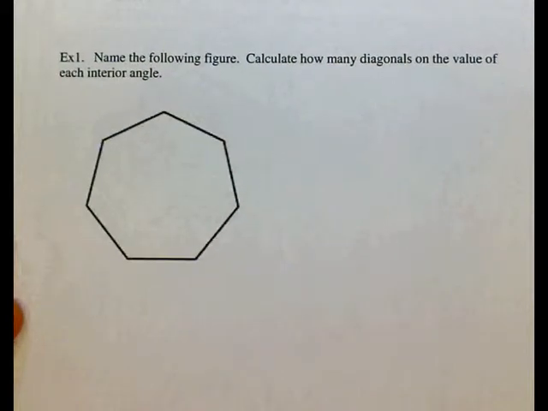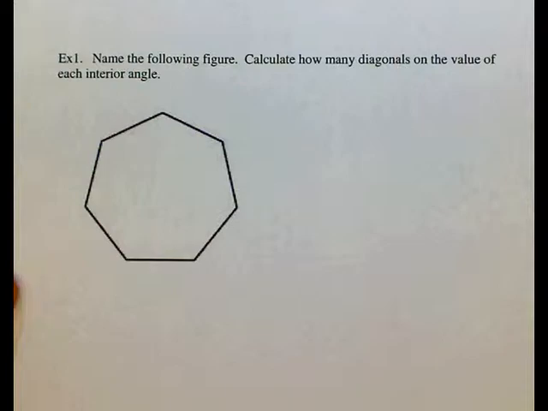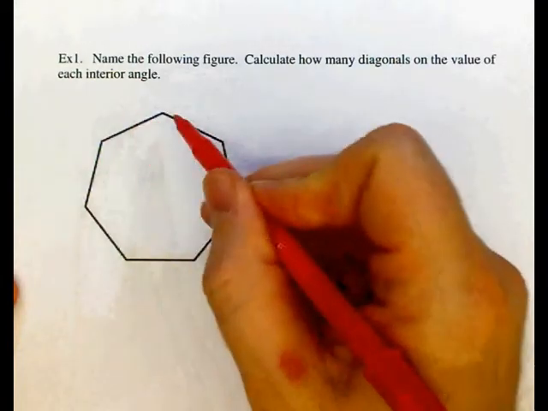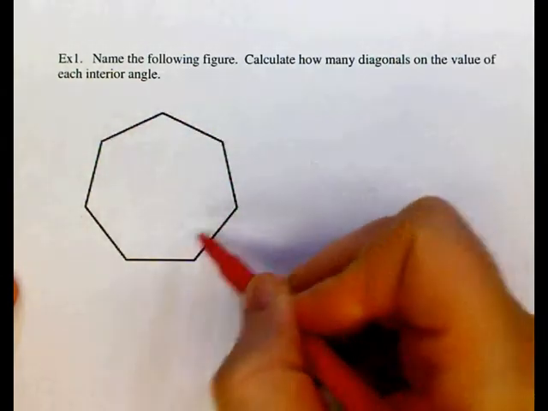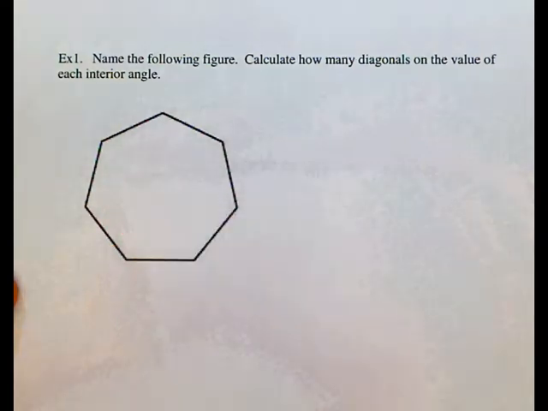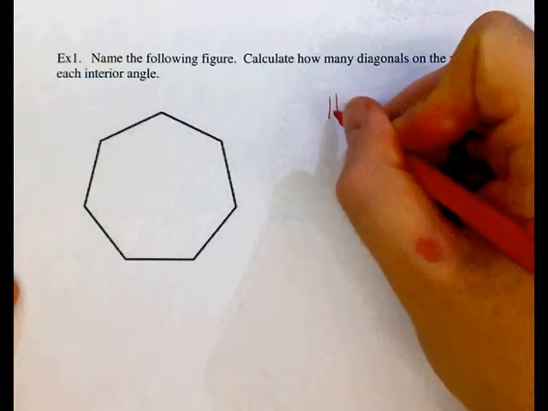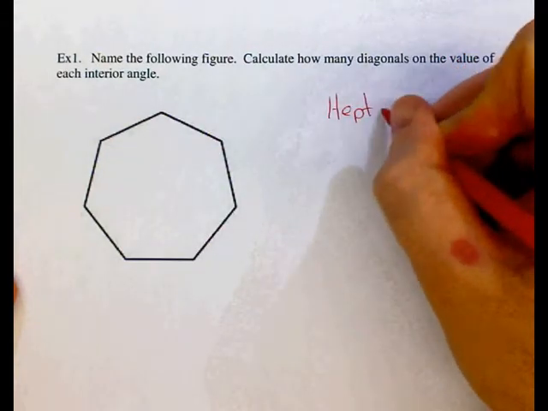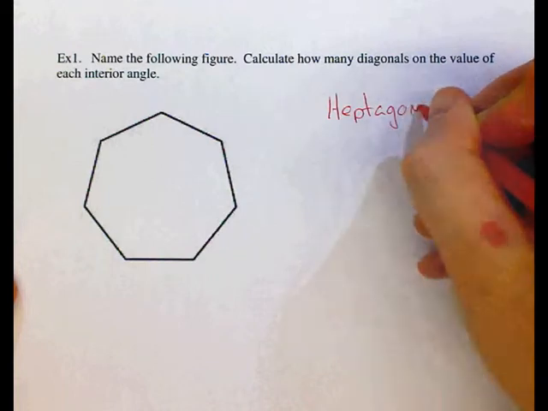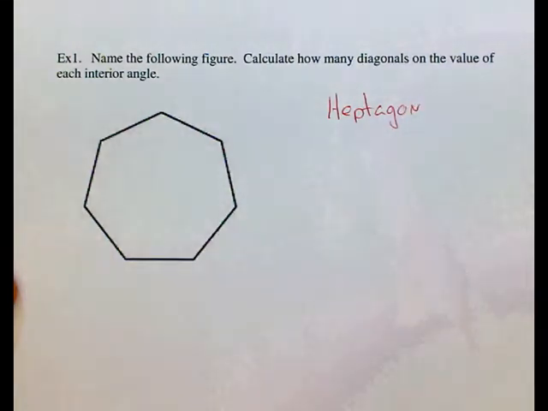Well, let's start by naming our object. We've got 1, 2, 3, 4, 5, 6, 7. Well, what is a 7-sided object? It's a heptagon. And calculate the number of diagonals. Well, like we said, a diagonal is a line from a vertex to another vertex.